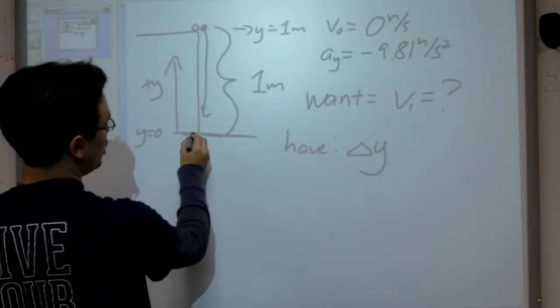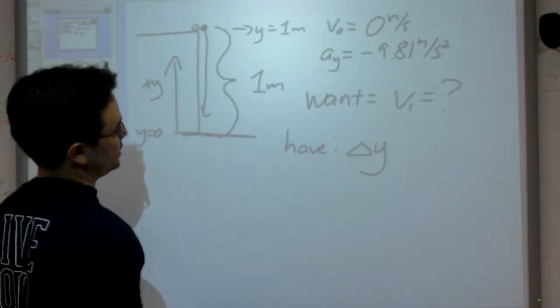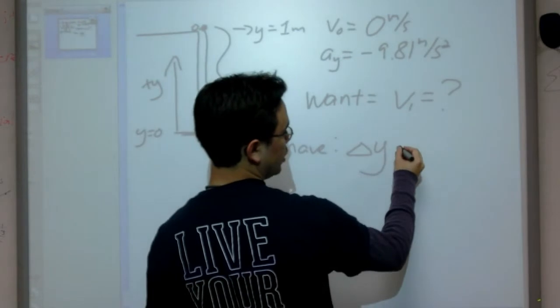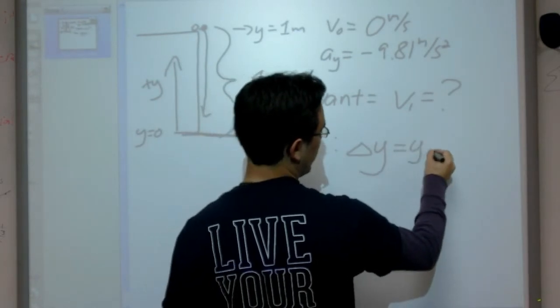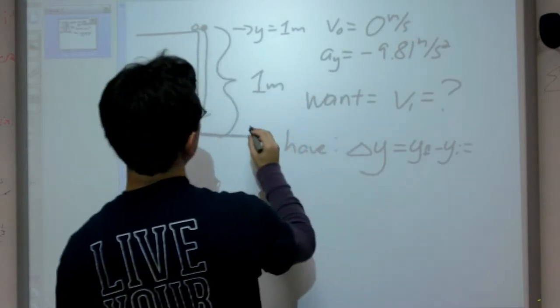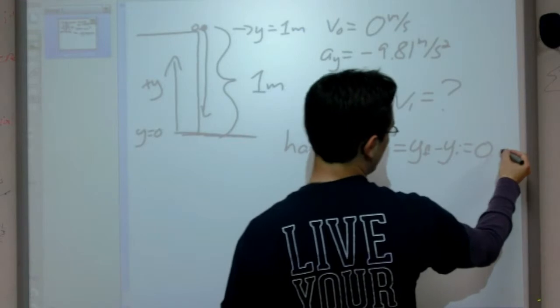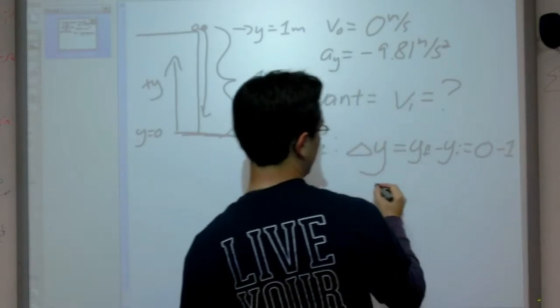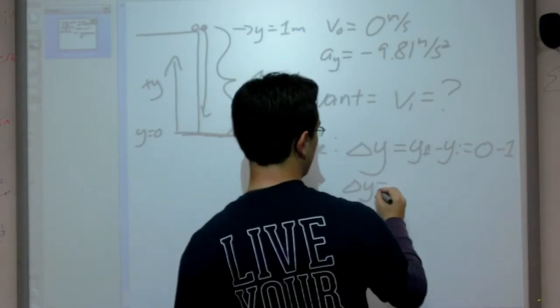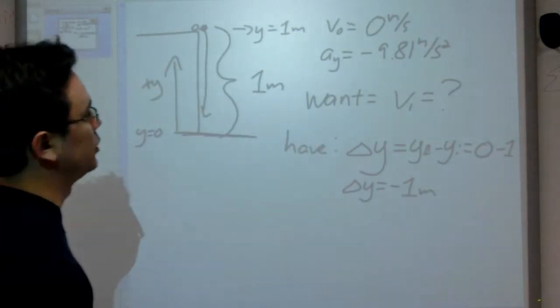Well, we know that we start up here at 1 meter and we end down here at 0. And so delta y is the same thing as y final minus y initial, which is going to be, my final is 0 minus my initial, which is 1. All right? So delta y equals negative 1 meters. Turns out we have it. Good. Okay.